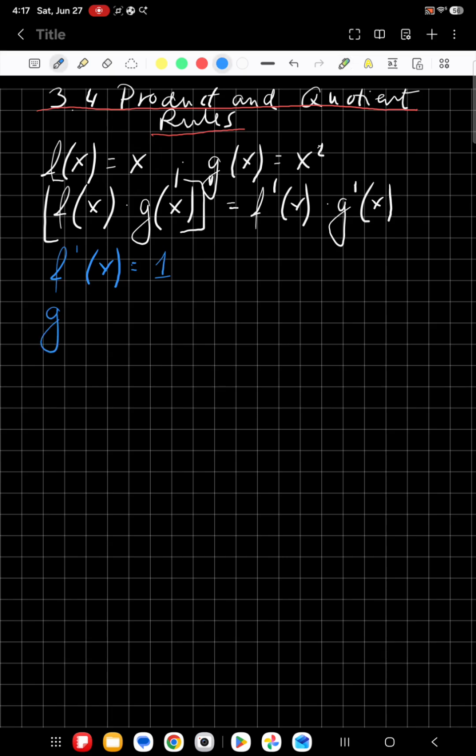G prime of x: now I'm taking the derivative of x squared, so that's going to be 2x. If I take these two, I'll have 1, the derivative of f of x, times 2x. So that's 2x.